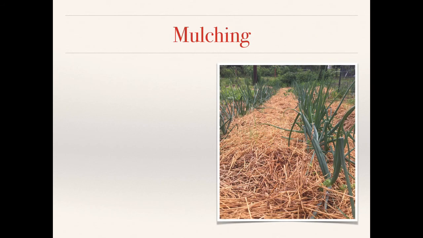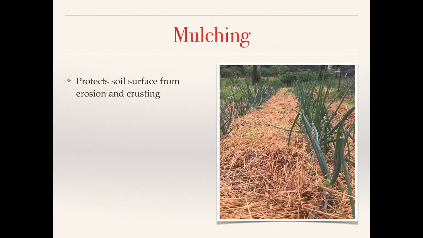So mulching is a great way to work towards soil health, and it gives you a lot of bang for your buck. So let's look at some of the benefits of mulching. We discussed this in the last slide. It's like a shield. It protects the soil surface from erosion from heavy rainfall events, erosion from wind.